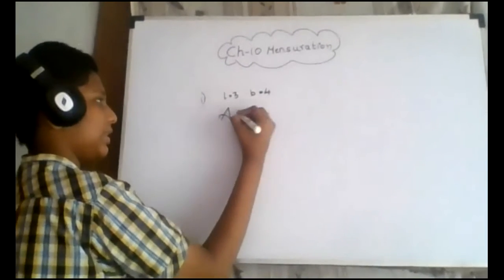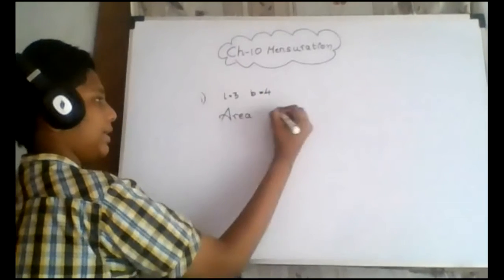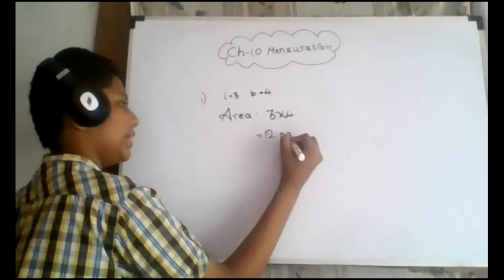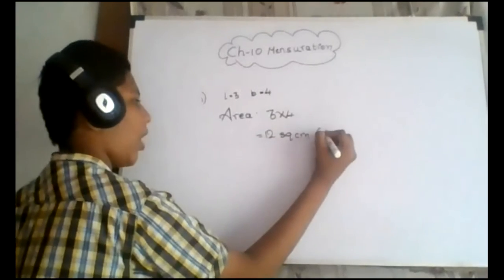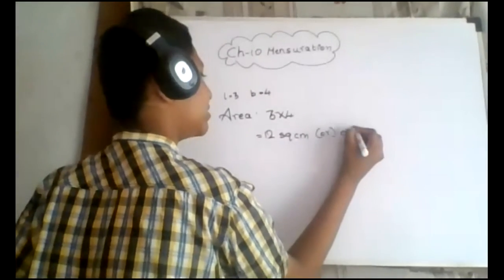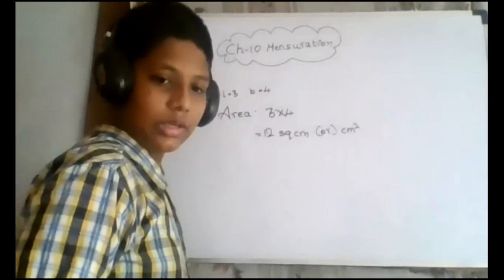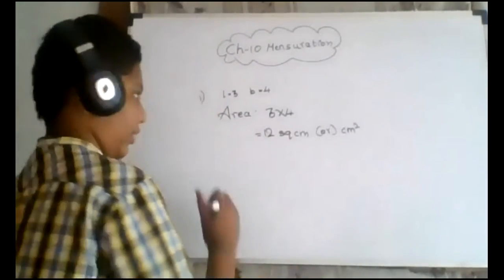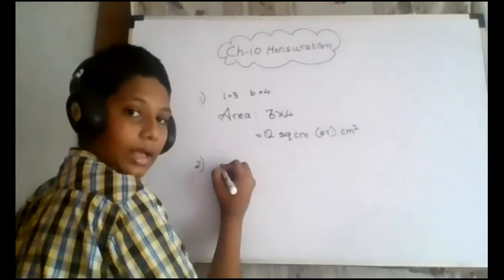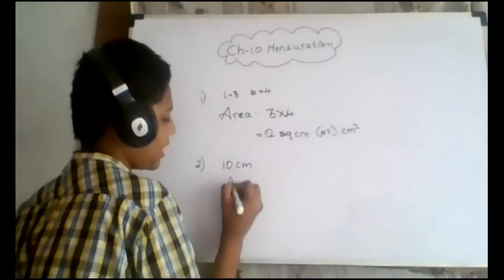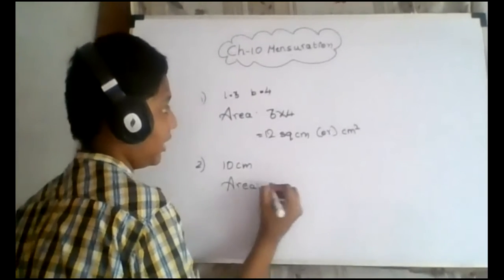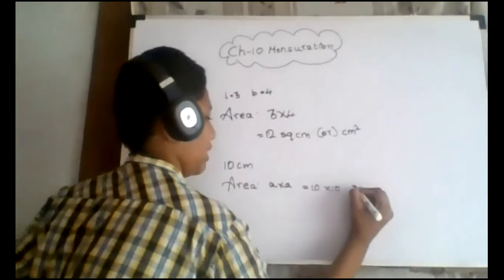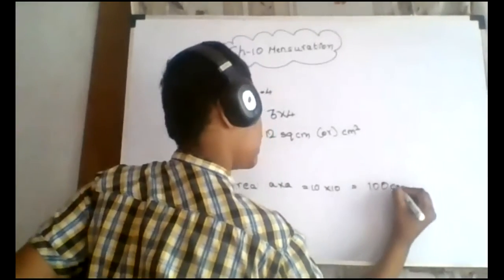So 3 into 4 is 12 square centimeter. This is the unit. In the second question, they have given the area of a square whose side is 10 centimeter. What is the area? A into A, that is 10 into 10, 100 square centimeter.